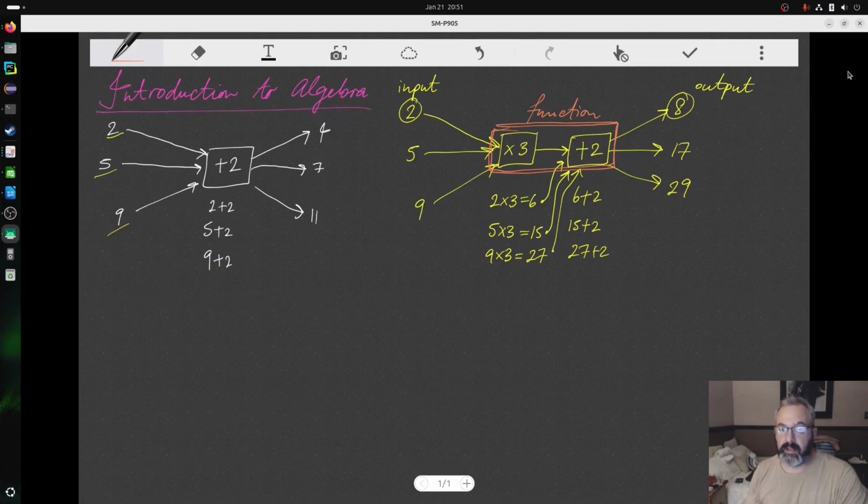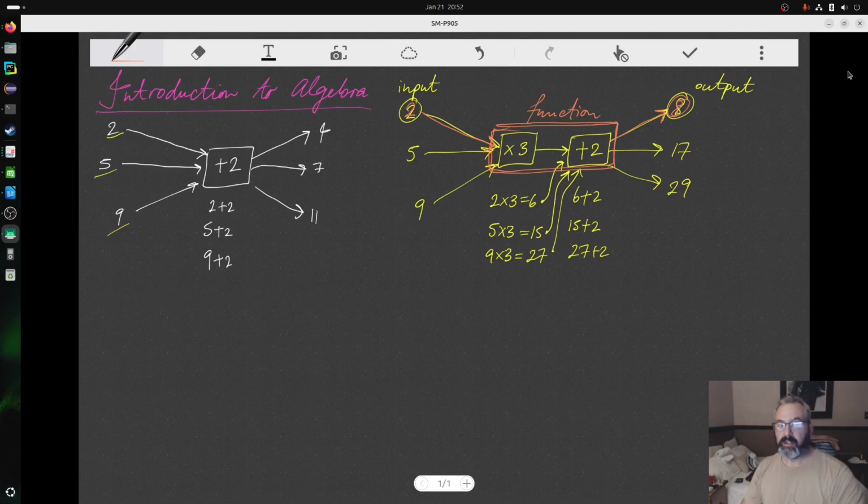The first characteristic is that for every one input that goes into my function, there will be only one output. And here you can see that when we put 2 into the maths machine, into the function, we get one output, and that output is 8.